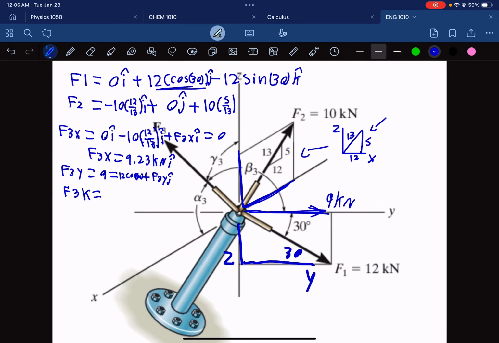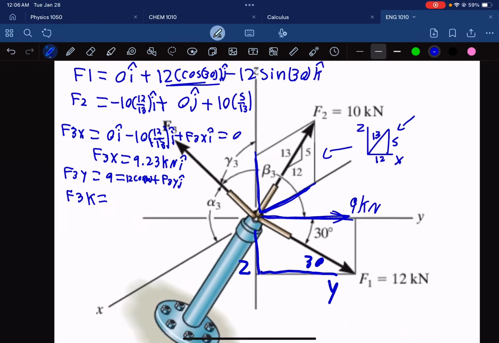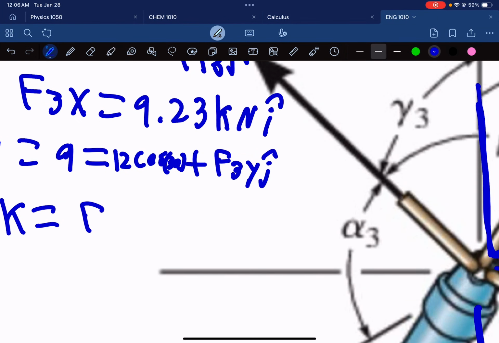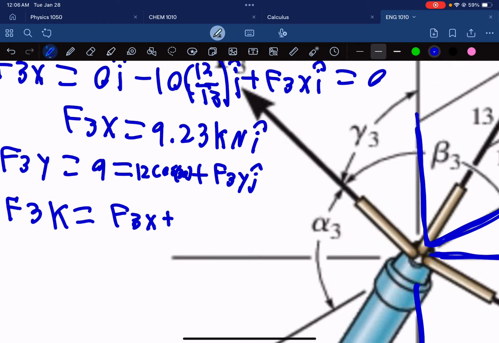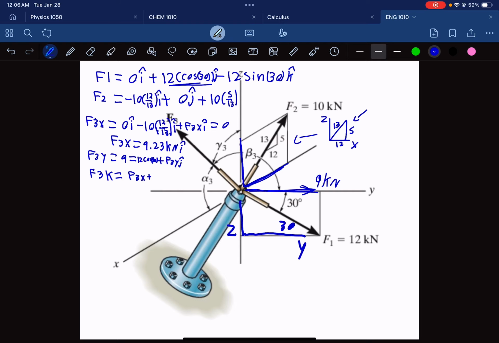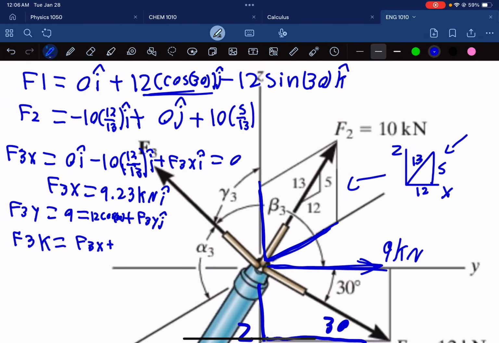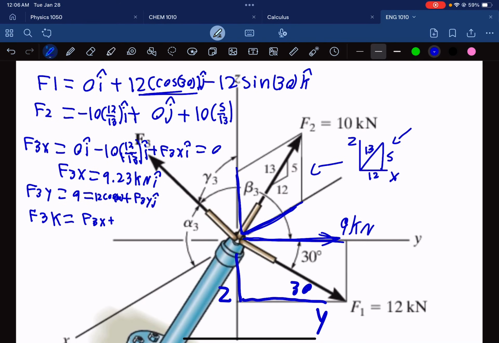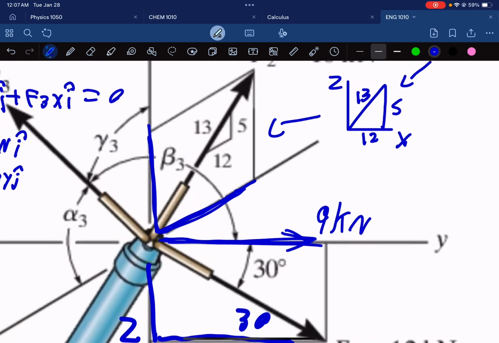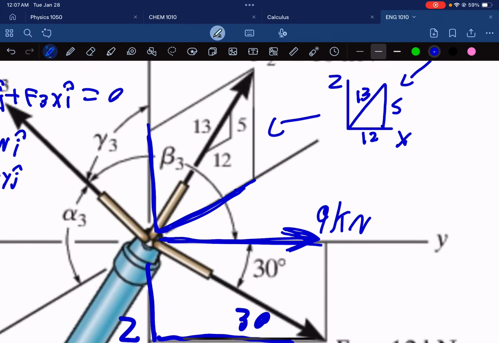So it should just be f3x plus, and obviously we've set the z or k and also the x or i to 0 because the final magnitude is only in the y direction.